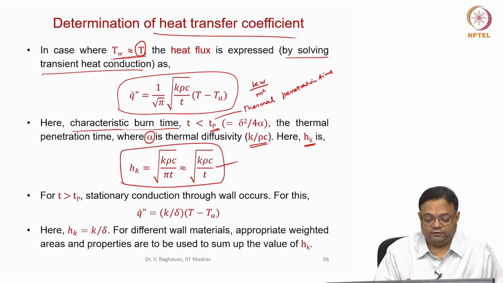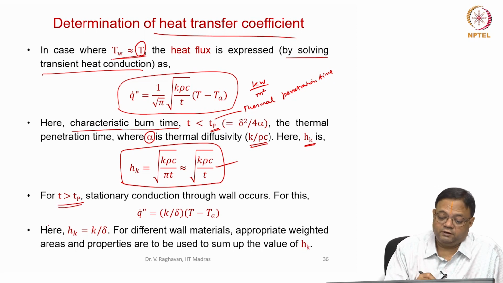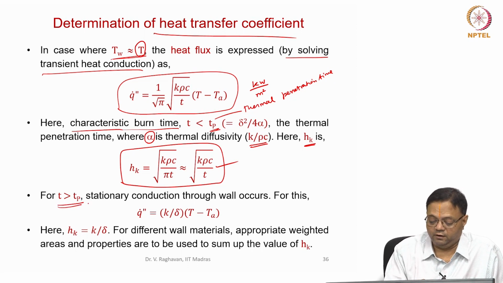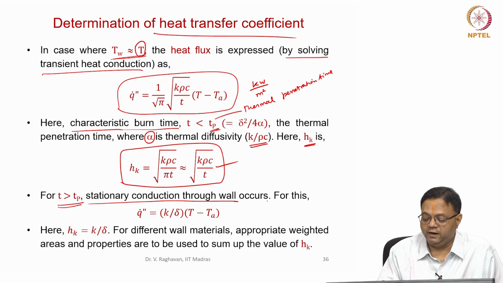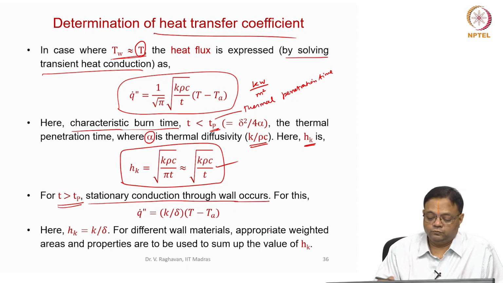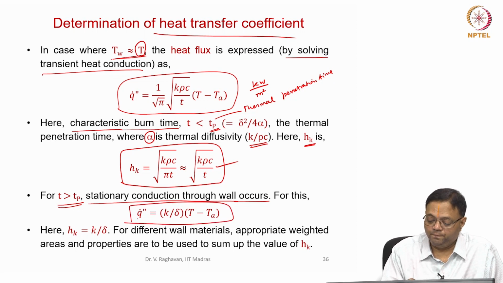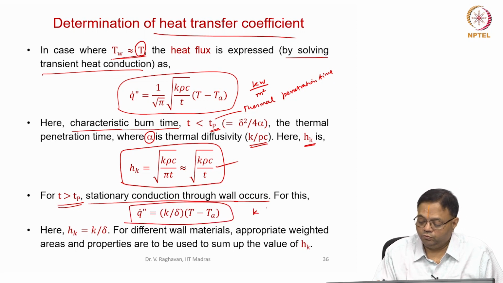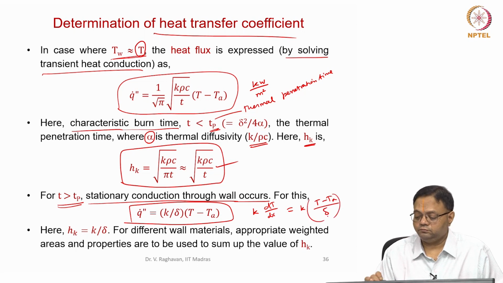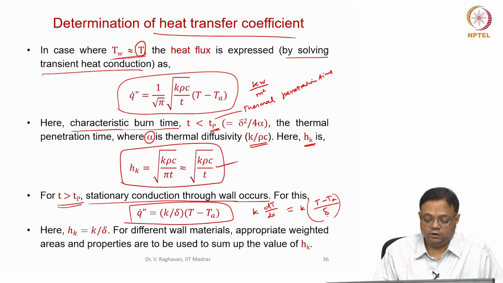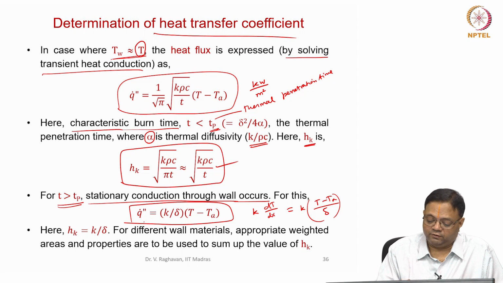So this is one. Then the second one is if T is greater than Tp, that is, stationary or steady conduction through the wall occurs, then the heat flux can be expressed as K into dT by dx, which is equal to K into T minus TA divided by delta. In this case, heat flux will be Hk into delta T, correct.